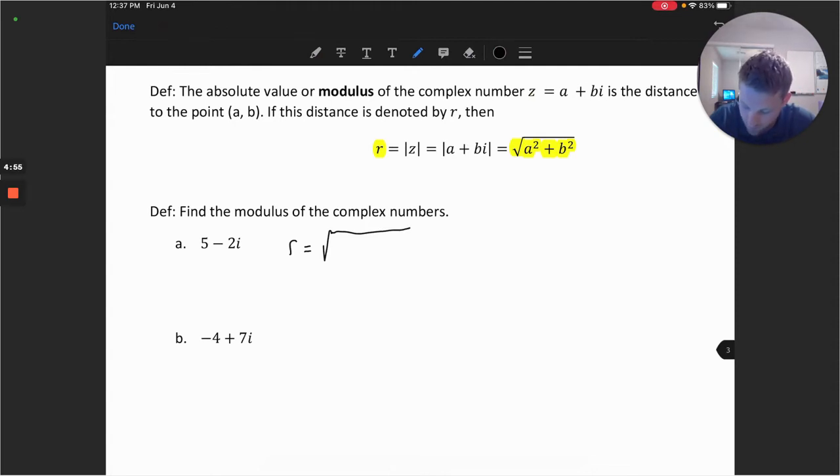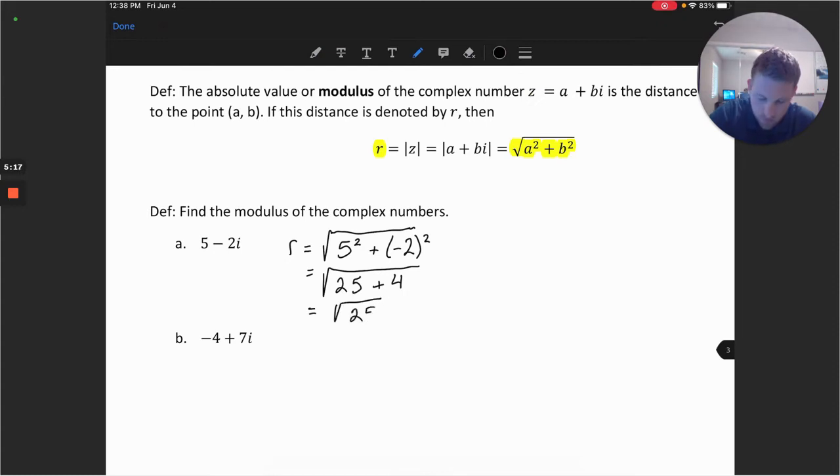So a squared is 5 squared, and then we'll do plus negative 2 is our b. We'll square that as well. So we'll have the square root of 25 plus 4, or this will be the square root of 29. So this is our modulus of our vector 5 minus 2i.